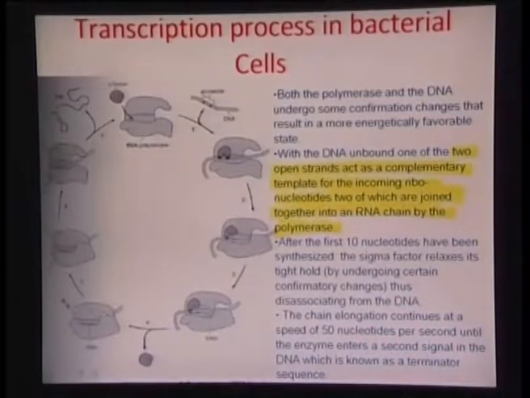So the polymerase essentially assembles the ribonucleotides which are continuously coming in. There are a lot of ribonucleotides going around in the solution in the nucleus, so they continuously keep on diffusing through the RNA polymerase. As and when there is a C group on the opened up DNA, it should correspond to a G group on the nucleotide.